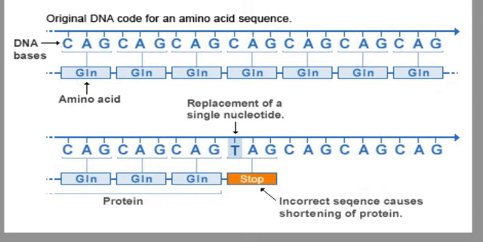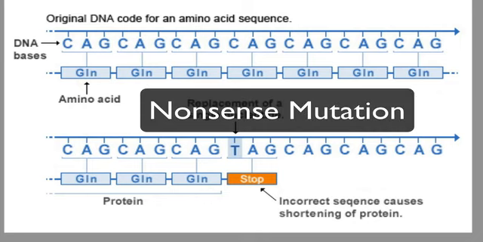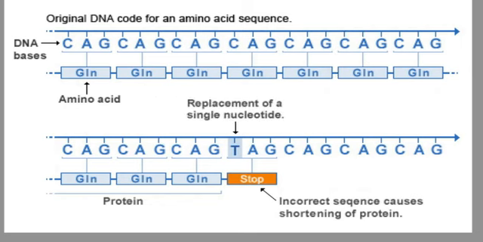So the second result would be a nonsense mutation. And a nonsense mutation is a mutation that results in the coding of a premature or early stop codon. And the resultant protein is not as long as it should be and is usually non-functional.